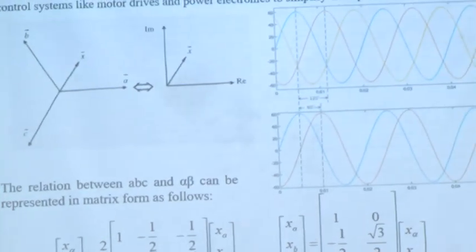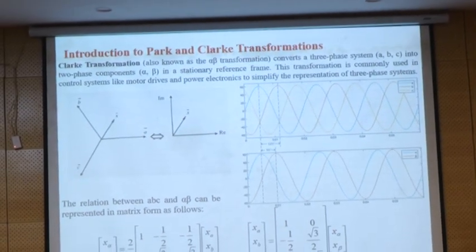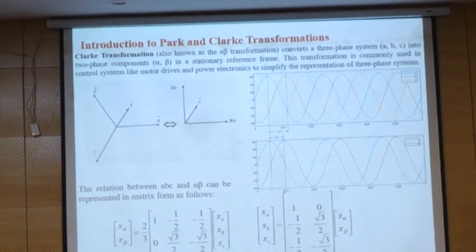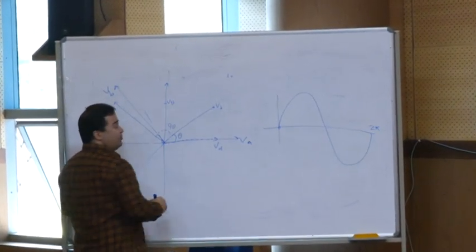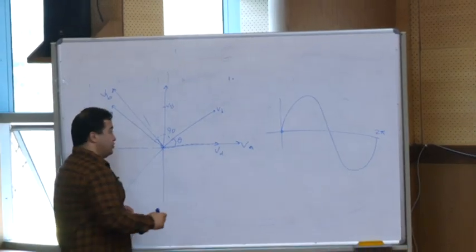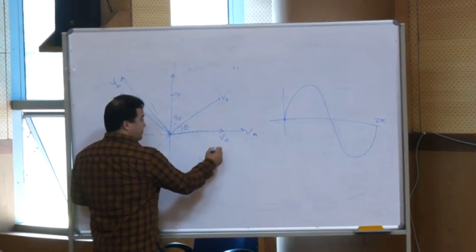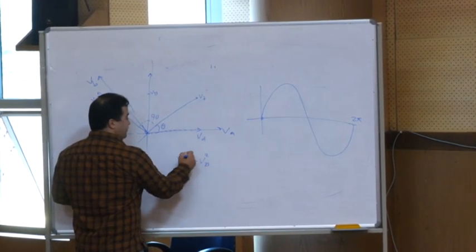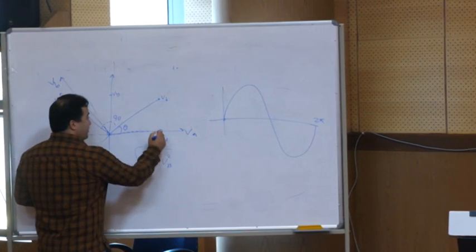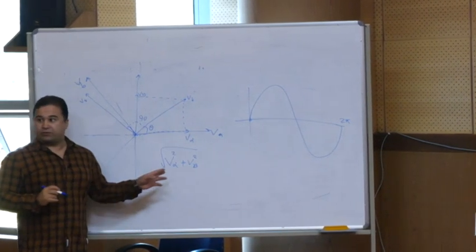So if you look here, this can be the alpha axis and this can be beta. So if you consider V alpha and V beta, do you agree with this?